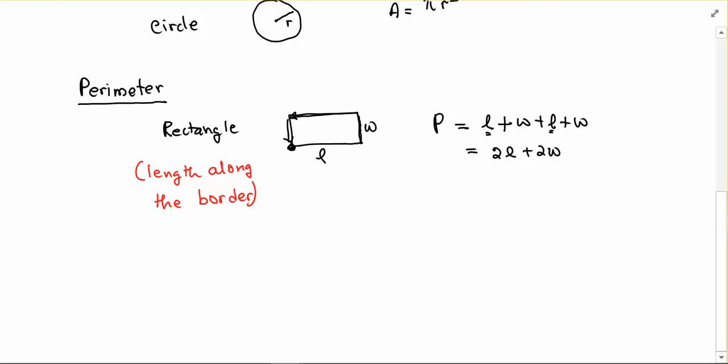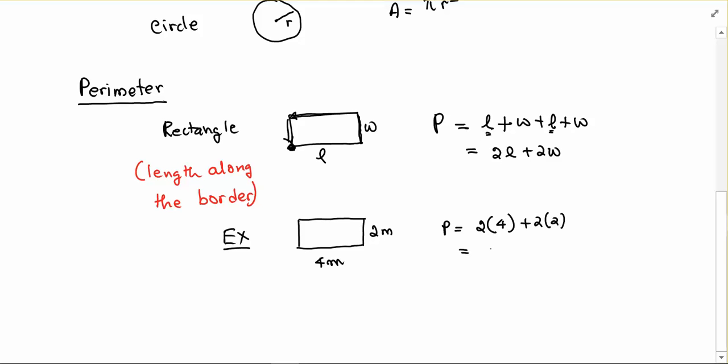I'm going to do a quick example of this. Imagine you had a rectangle with one side 4 meters and the other side 2 meters. So the perimeter of this, we could find using the formula as 2 times the length, which is 4, plus 2 times the width, which is 2. That would work out to be 8 plus 4, which is 12.